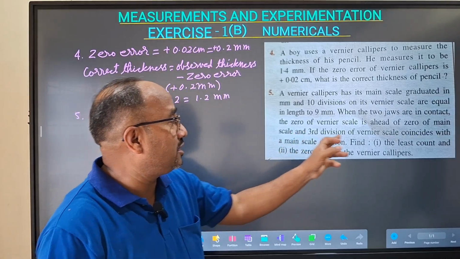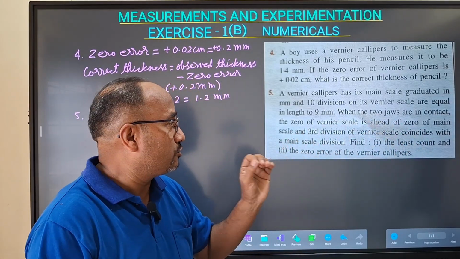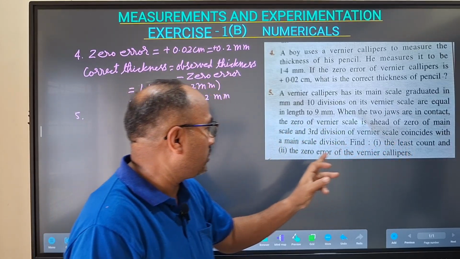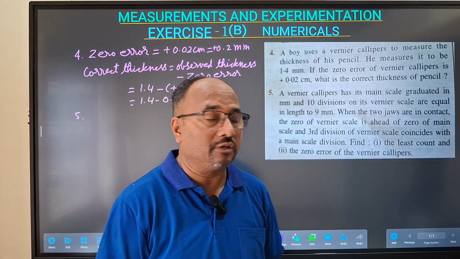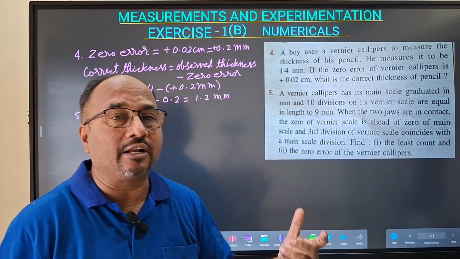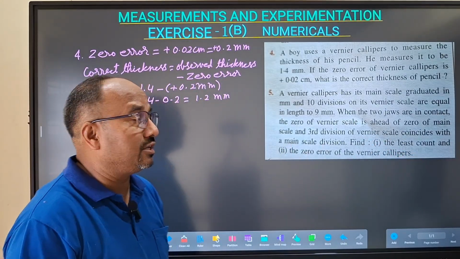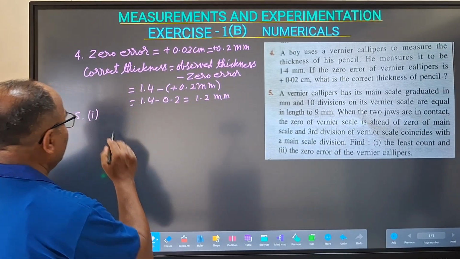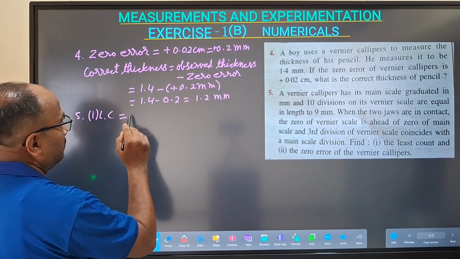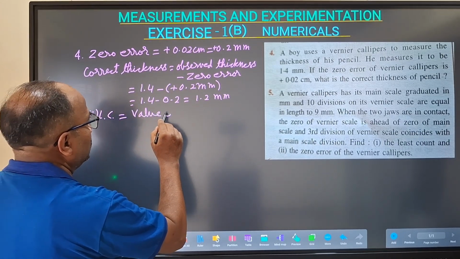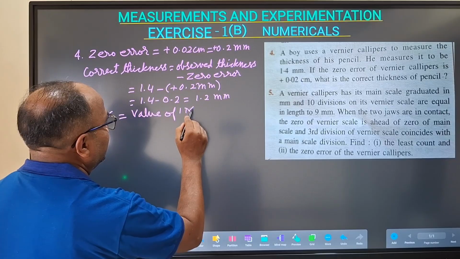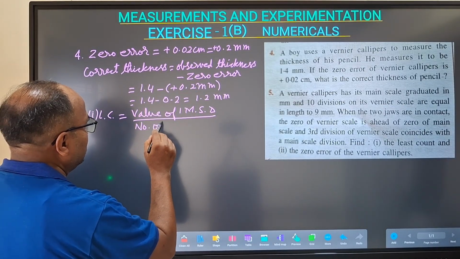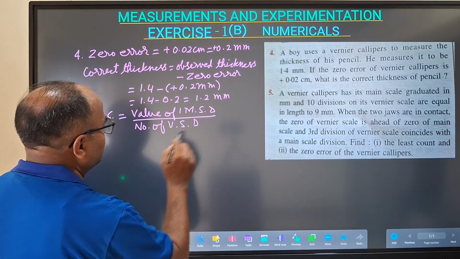And then it is told the third division of the vernier scale coincides. So the third one is coinciding with the main scale division. Find the least count and the zero error of the vernier caliper. Finding the least count, we have done it in a previous numerical, but let us see it again here. So least count will be value of one main scale division divided by number of vernier scale divisions, that is VSD.